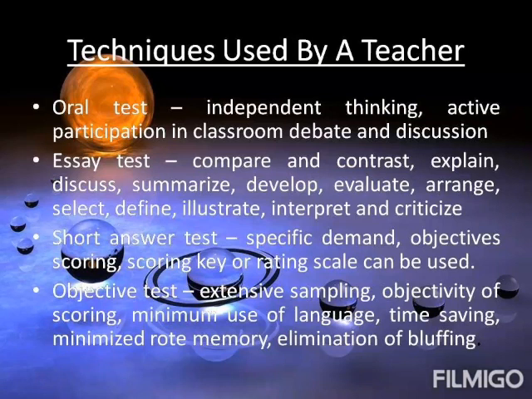Again, another procedure is to get the questions written on separate cards. The student may draw out one card from the bunch and take a few minutes to get the answer. Thirdly, another oral test can be done by active participation in class debate and discussion.